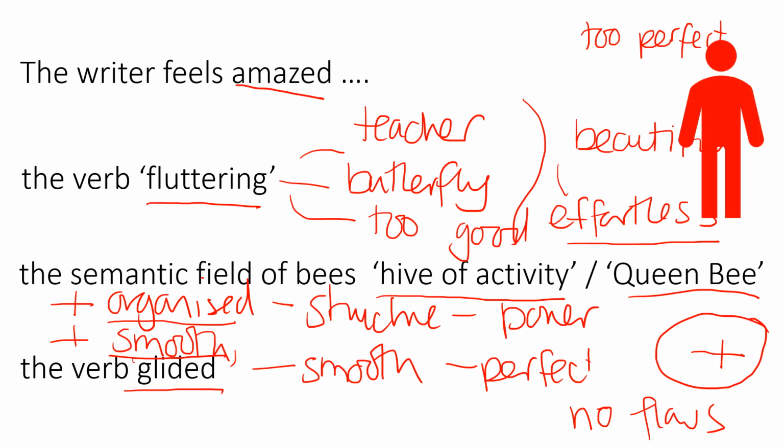Now we're going to think about the inspector, because this is about an inspector. Okay, he's looked at this school, this teacher, and he's describing him in this way, that this fluttering teacher, that's queen bee and that glides, gives this idea that maybe he's never seen anything like this before, and it seems possibly too good to be true.